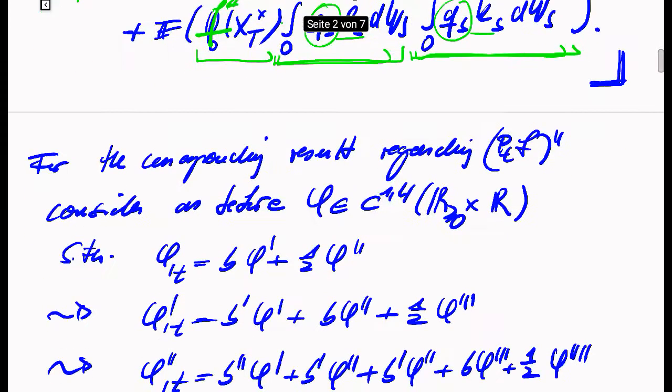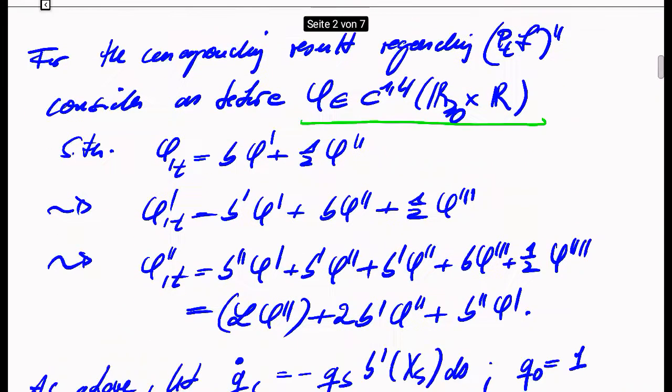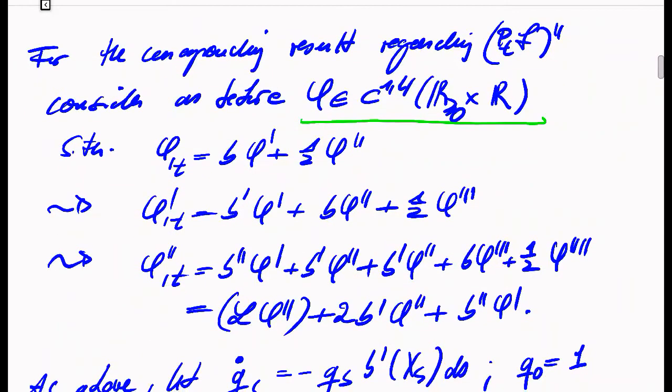Okay, so we start in a similar fashion by considering first the case when we are dealing with a smooth function, which is now arbitrarily smooth, if you like, and which solves again, as before, our basic parabolic PDE that we already considered also for the first order derivative.